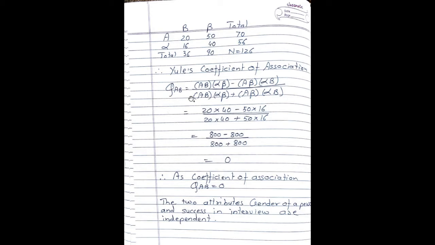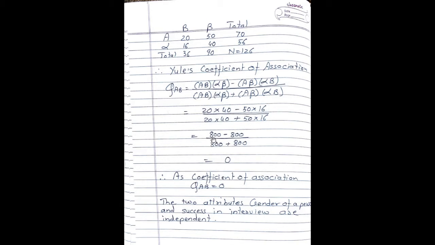So we get all the frequencies and we will find the coefficient of association. QAB is equal to AB into alpha beta minus A beta into alpha B, divided by AB into alpha beta plus A beta into alpha B. Replacing the frequencies, we get 20 into 40 minus 50 into 16, divided by 20 into 40 plus 50 into 16.